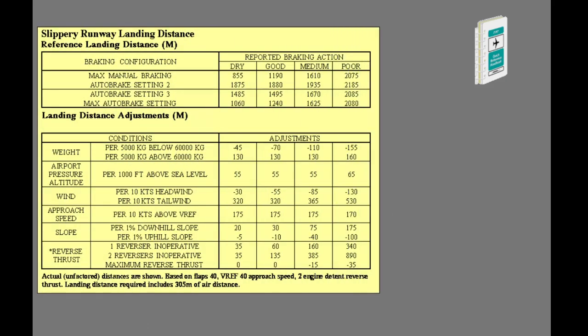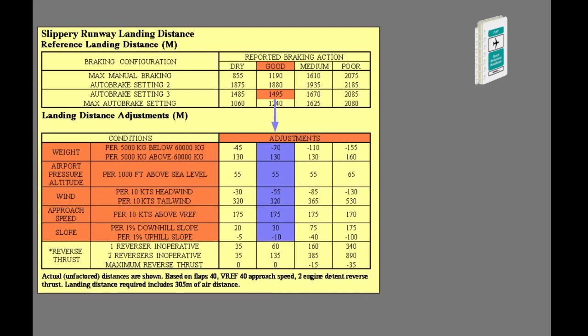The first slippery runway landing distance table is entered with reported braking action and wheel braking configuration, to determine reference landing distance required. A second table provides landing distance adjustments for weight, airport pressure altitude, wind, approach speed, runway slope, and available reverse thrust.